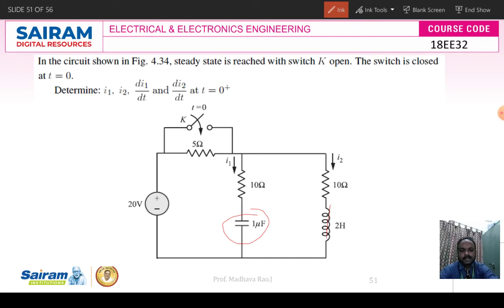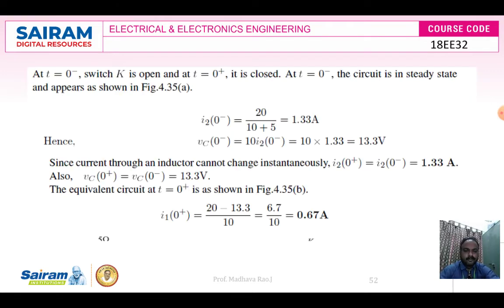So only I2 appears. I2 is equal to 20 divided by 5 plus 10, that is 15. So 20 by 15 gives around 1.33 amperes.